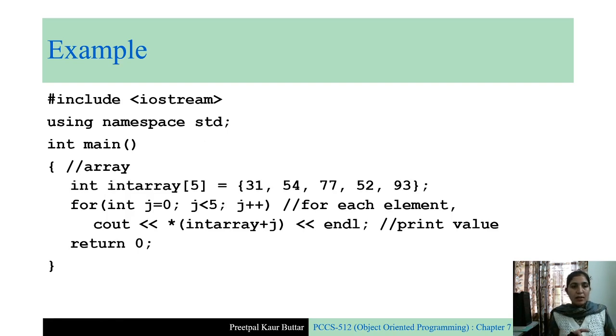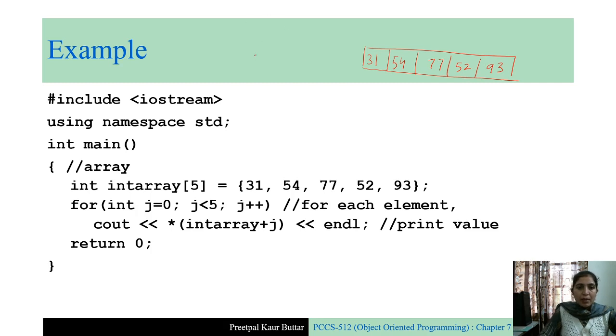Okay, here is another example. So what are we doing here? Here we are creating an array whose name is int array and whose size is 5. So compiler will allocate memory to 5 elements. All elements are of type integer and the values here are 31, 54, 77, 52 and 93.